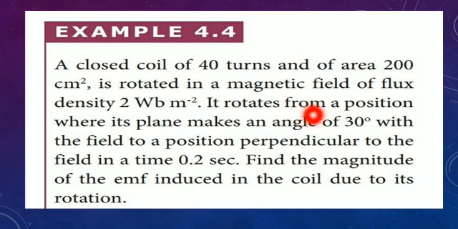It rotates from a position where its plane makes an angle of 30 degree, so theta is equal to 30 degree, with the field to a position perpendicular to the field in a time 0.2 second. Therefore time is equal to 0.2 second. So these are the data. Now we have to find the magnitude of induced EMF in the coil.